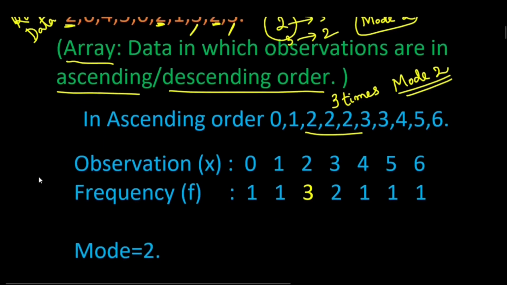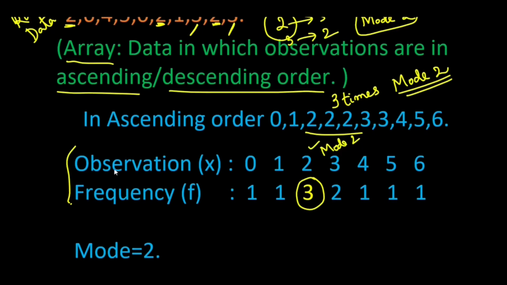If we have a frequency distribution table, this is the frequency distribution table of the same data, we can directly see that 2 is occurring 3 times. All other observations are occurring less than 3 times. So mode is 2.